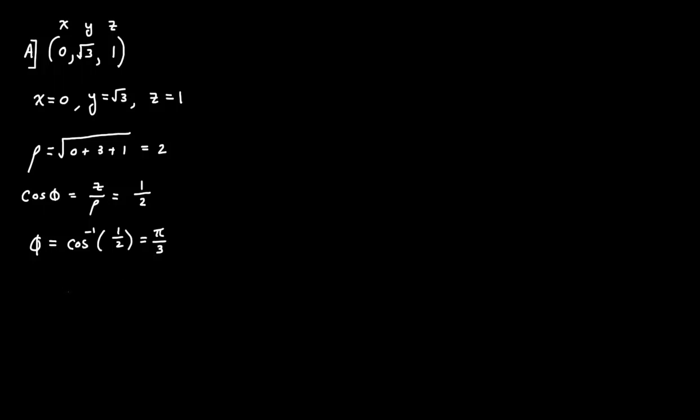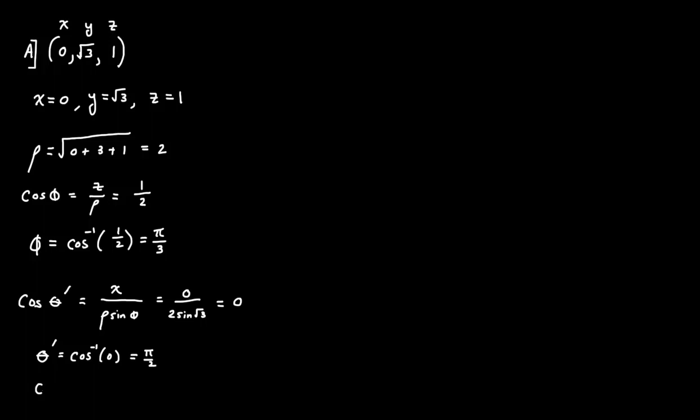All right. Now, the cosine of theta prime is going to equal x over rho sine phi, using that formula. Okay, so that's going to be 0 over, well, it doesn't quite matter now, but let's just be thorough, and that's going to come out to be 0. And so now theta prime is going to be the inverse cosine of 0, and that comes out to be pi over 2.